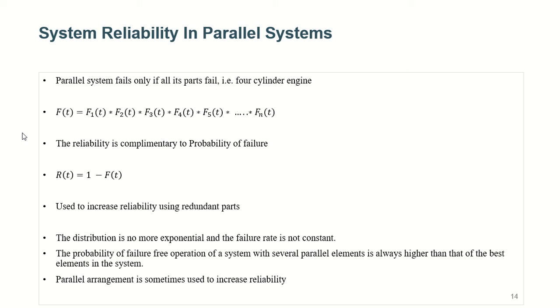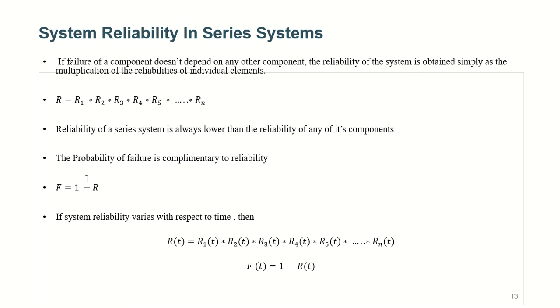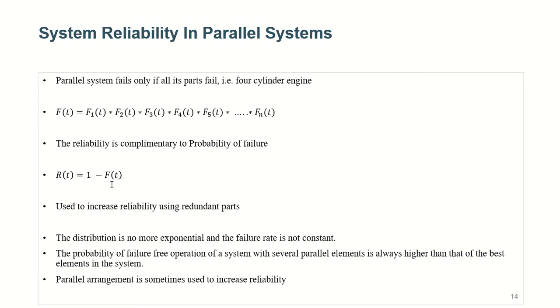And same as in series, reliability is complementary to probability of failure. See, F was equal to 1 minus R. Same way here, R(t) will be equal to 1 minus F(t).